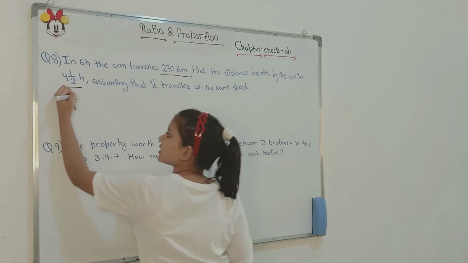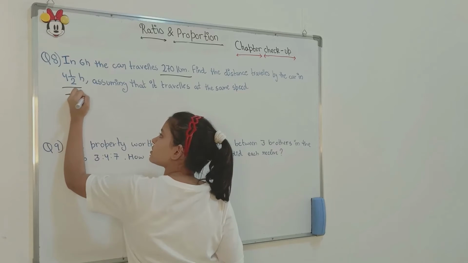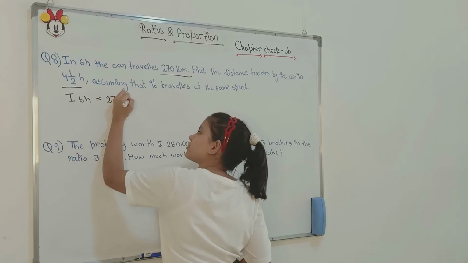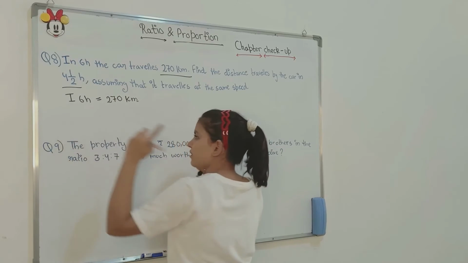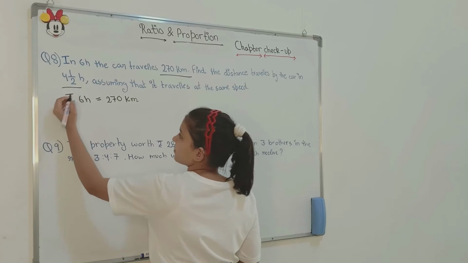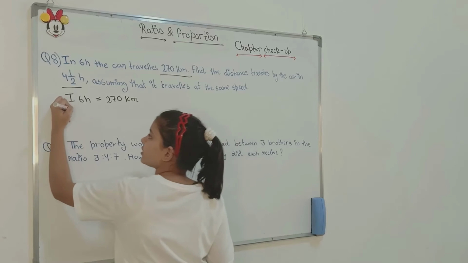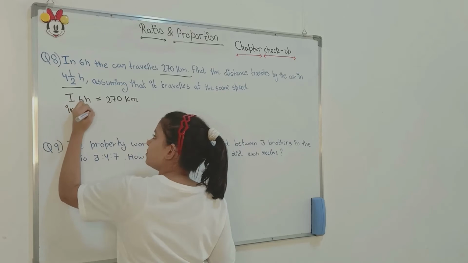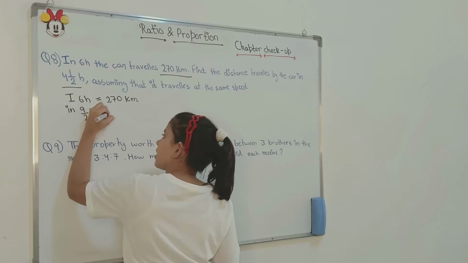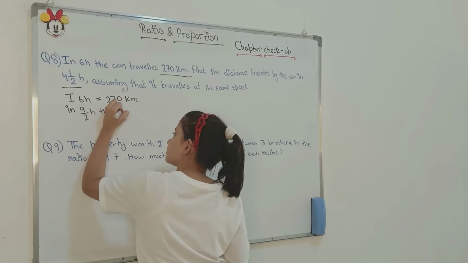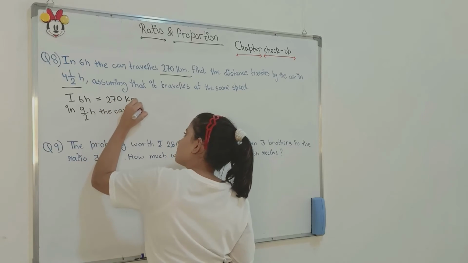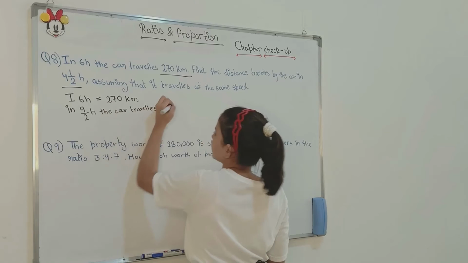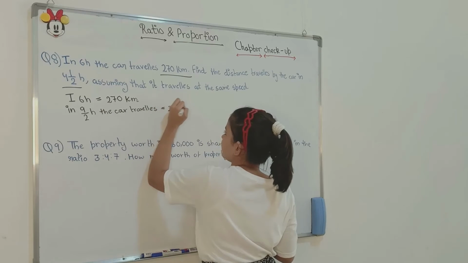So first we write in 6 hours the car travels 270 kilometers. So now first we find for 1 hour. So we will write, in 1 hour the car travels, is equal to, so we'll divide 270 divided by 6.